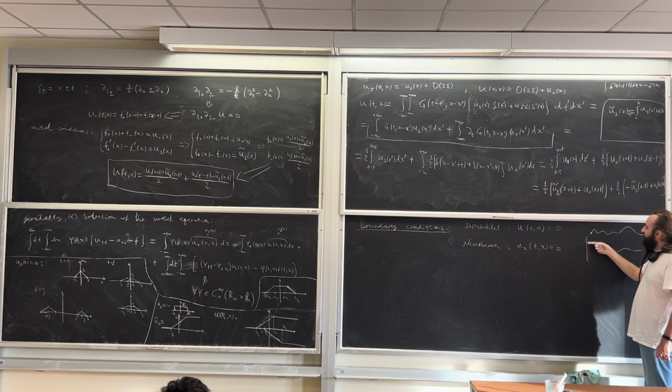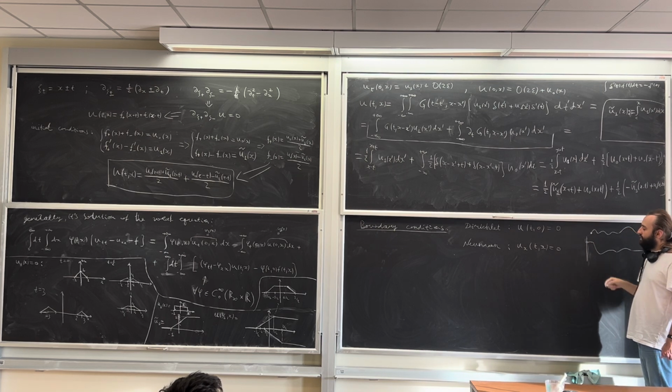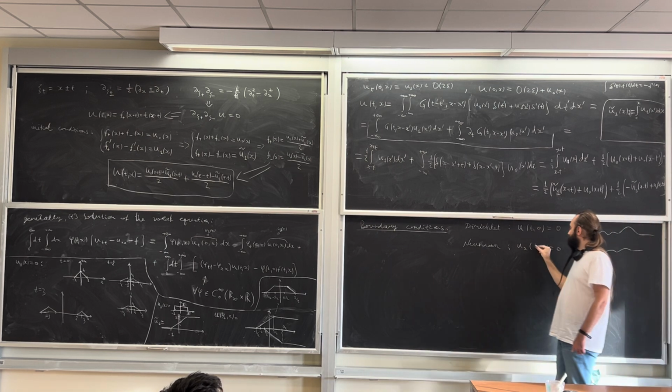So if this angle changes a little bit, then this ring immediately moves up or down, and so this derivative is always 0.